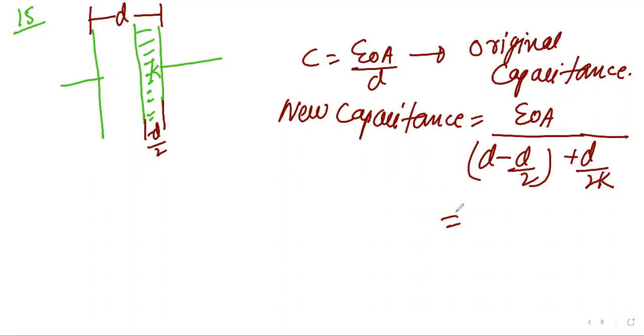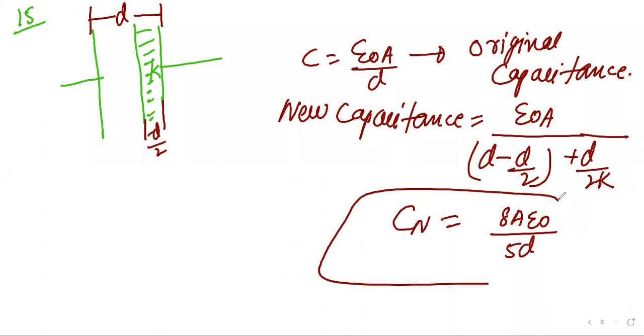After solving, it becomes 8A epsilon naught by 5D. So this is the new capacitance obtained.